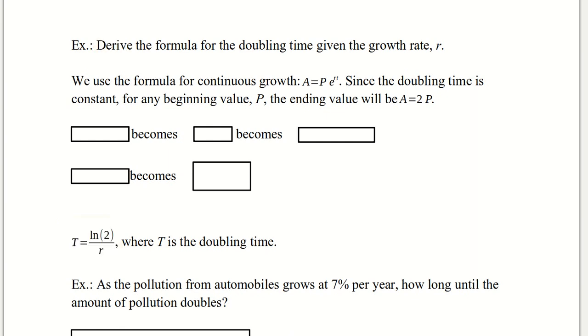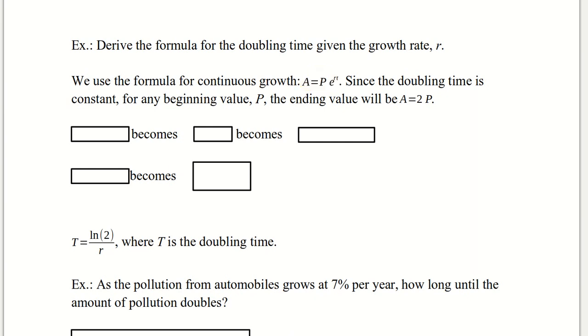Well, what have we been assuming? We've been using the formula for continuous compound growth, A equals P times e to the RT. Now, that tells us that if we know the current amount, P, and the future amount, A, we can go through and do the algebra.